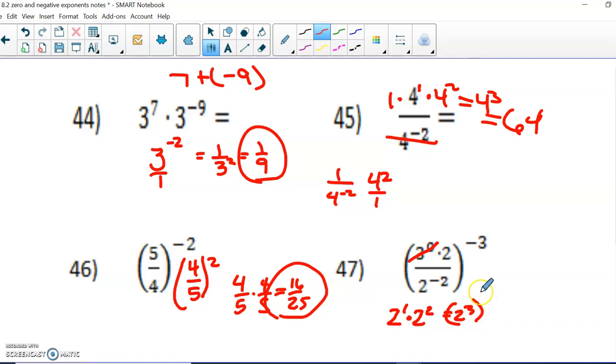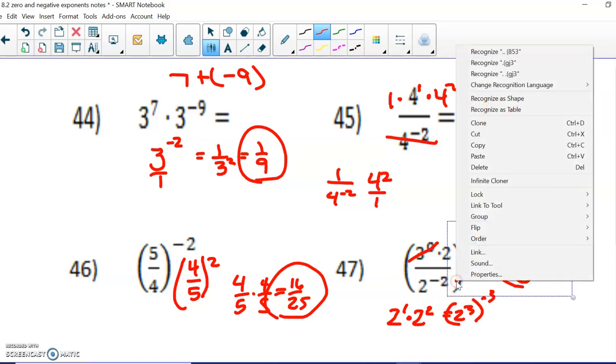Now, here we go again, to the negative 3. Let's go ahead and simplify that. 2 to the 3rd power, I think we all know that's 8. And now we're going to take that to the negative 3 power. I just simplified the inside, inside the parentheses.